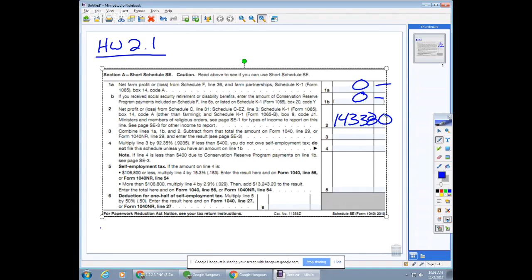All right, and then 3, combine lines 1A, 1B, and 2. Subtract from the total amount on Form 1040, line 29. Okay. Let's see.